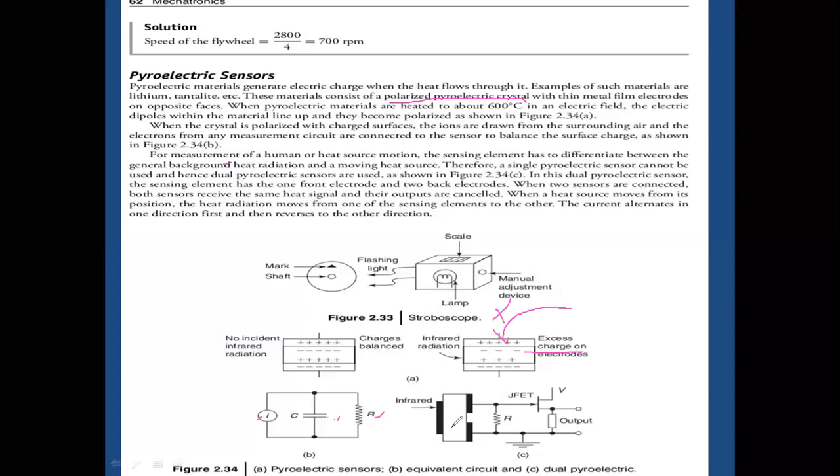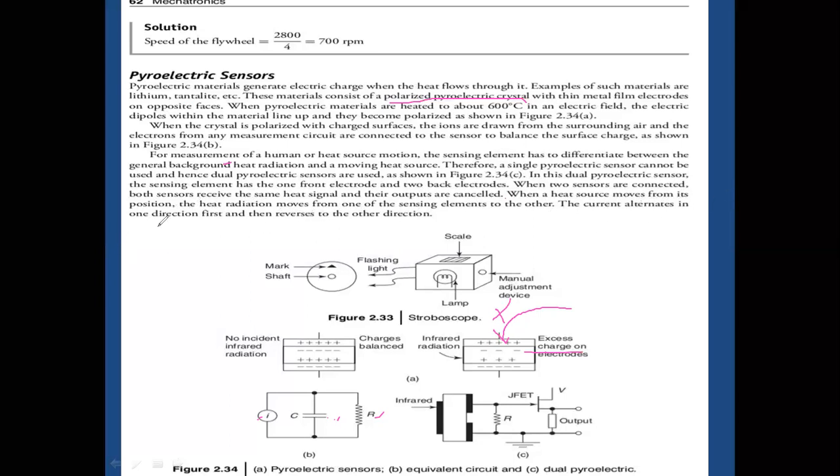That's why we go for double sensors, as shown in figure C. In these dual pyroelectric sensors, if both sensors receive the same heat signal, their outputs get cancelled. Whenever they receive the same heat, the output is cancelled. When the heat source moves from its position, the heat reaction moves from one of the sensing elements to the other.